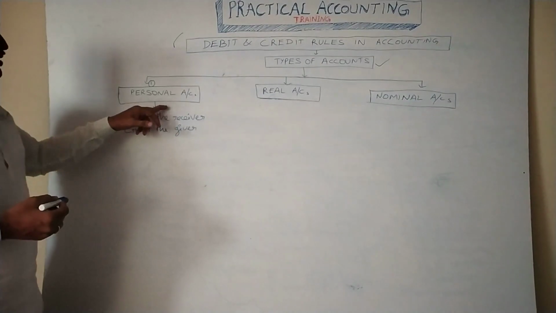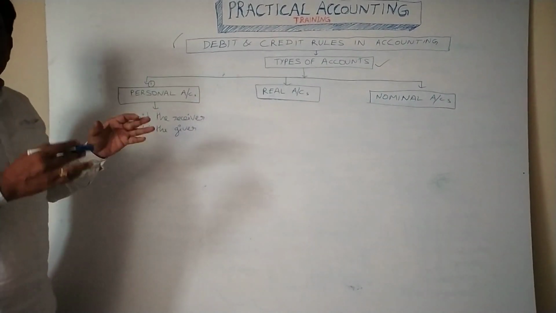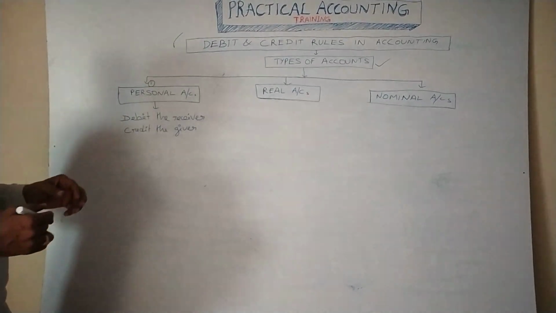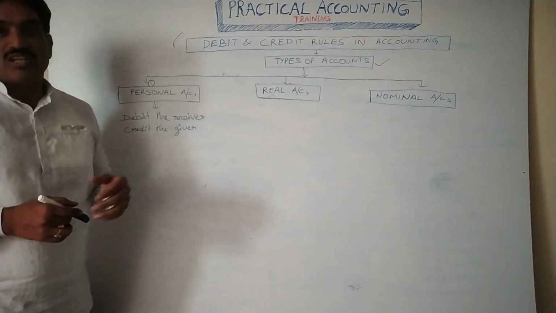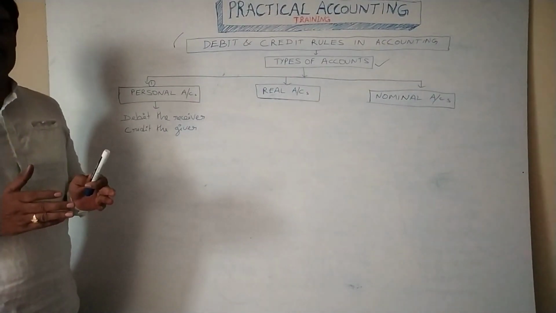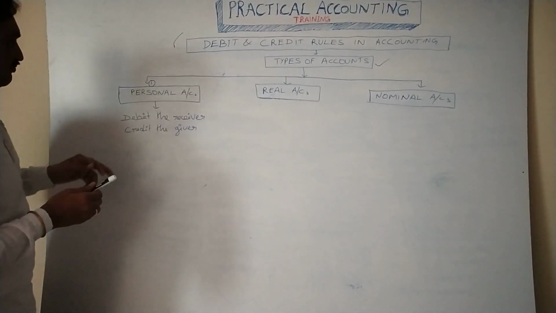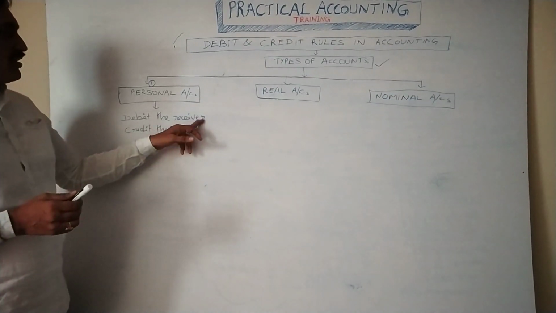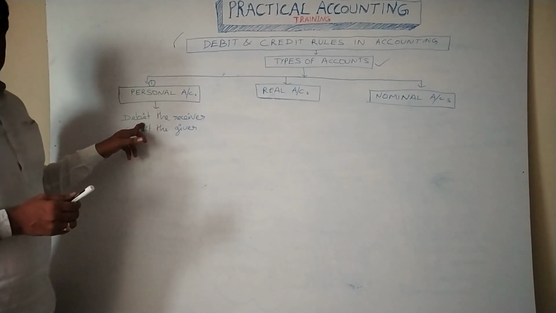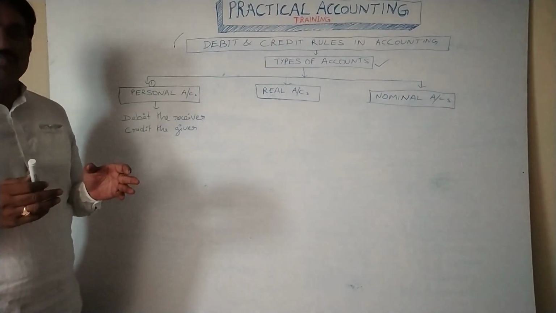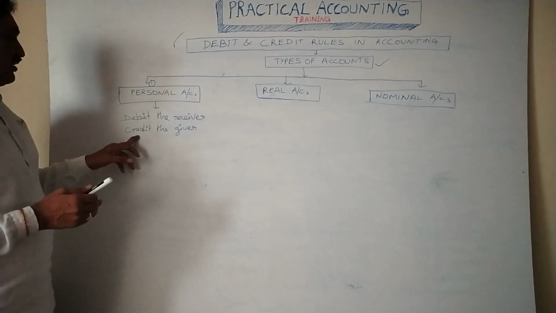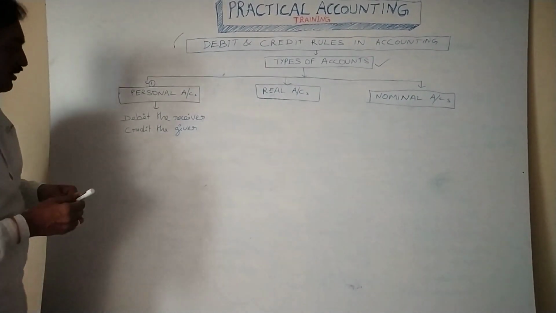You know what a personal account is? All human beings, natural persons and artificial juridical persons. All persons. Suppose one person is receiving something, that receiver account is debited. If one person is giving something, he is a giver, so his account is credited.